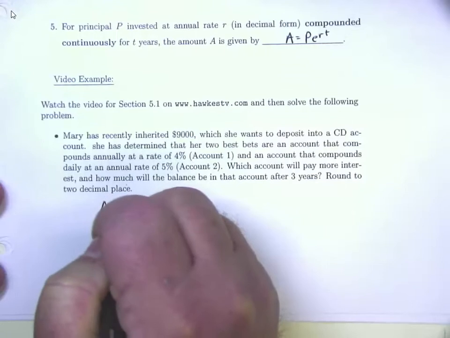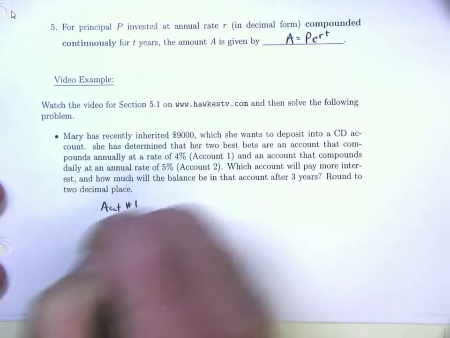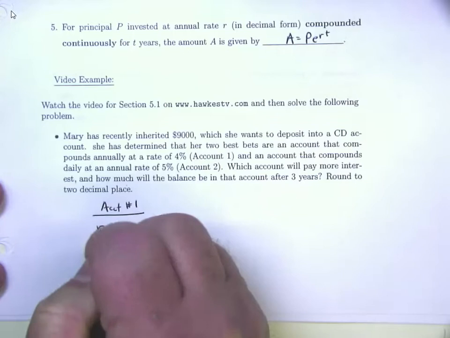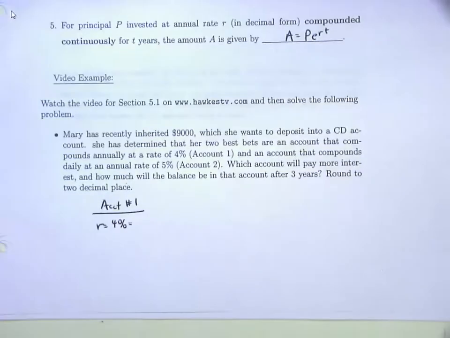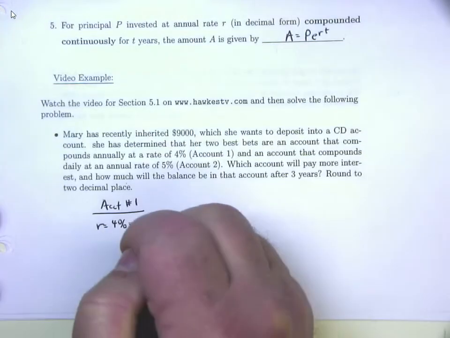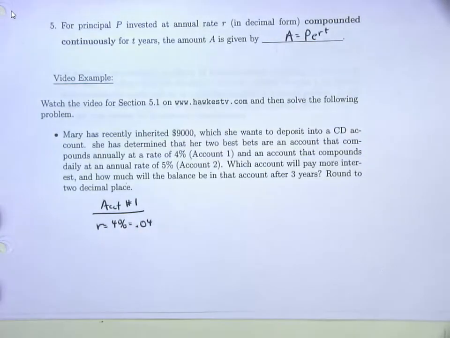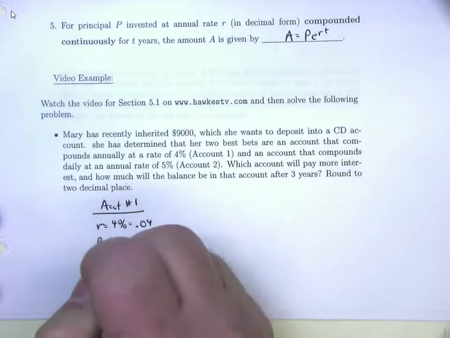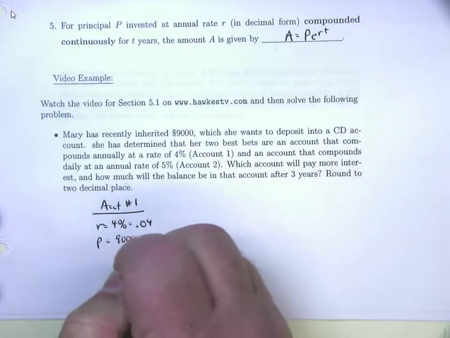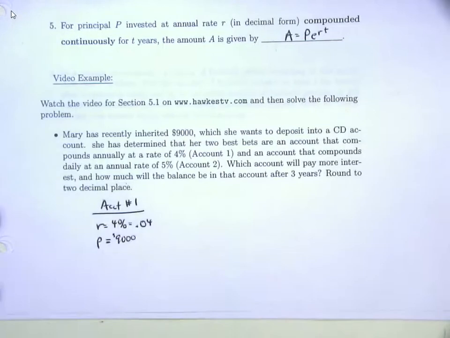We got account number 1. In account number 1, we got an interest rate of 4%. But for percentages, for people who can't do math, what's 4% also known as? Decimal form. Very good. 0.04. Okay? We have a principal of $9,000, so we got $9,000 to invest.